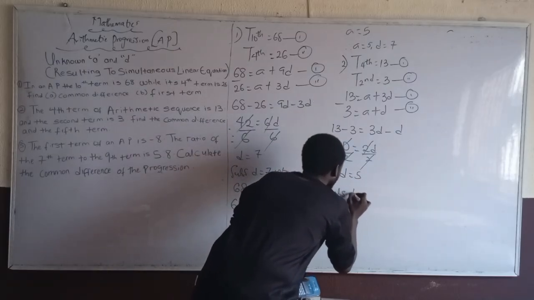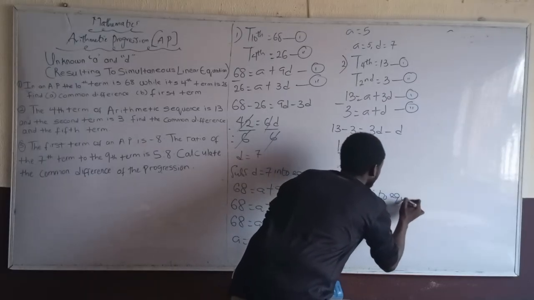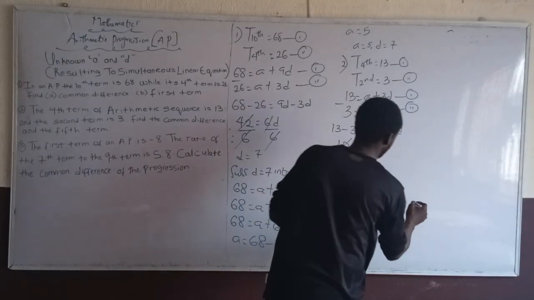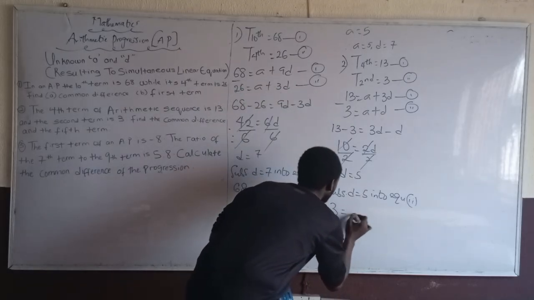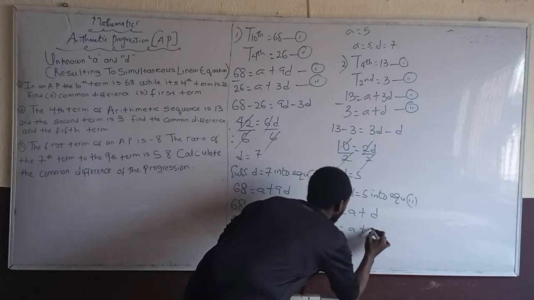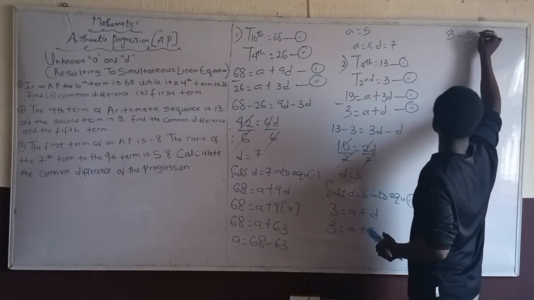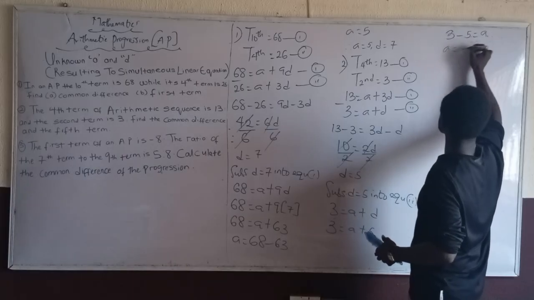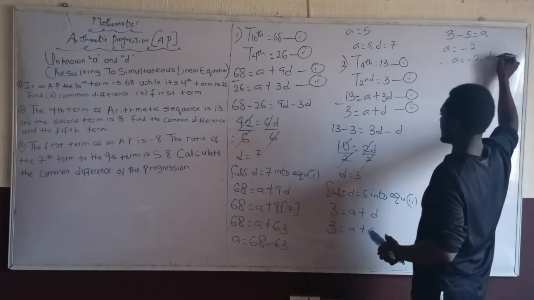Substitute d equals 5 into equation, let's use equation 2, sorry. So 3 equals a plus d. 3 equals a plus 5. So 3 minus 5 equals a. A becomes minus 2. Therefore, a is minus 2 and d is 5.